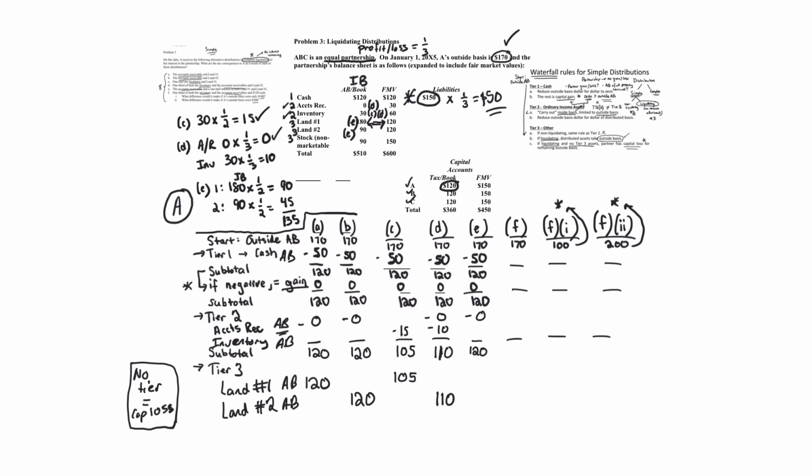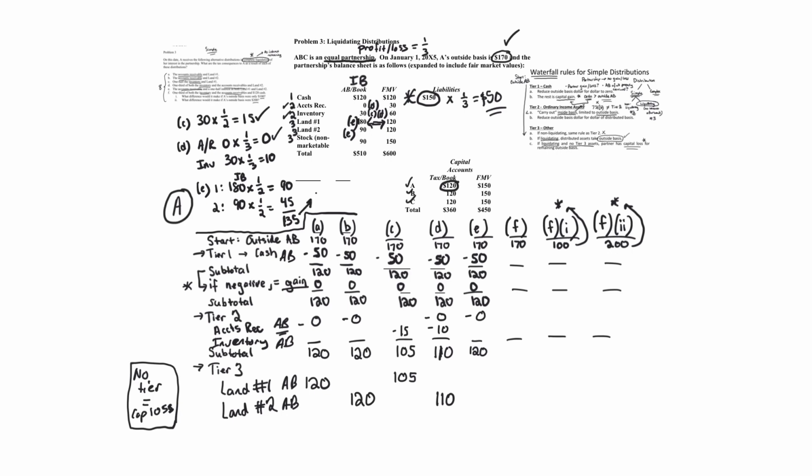So when we have any property that's gone down in value, which property land number 1 has, this is 180, so 180 to 120, it's gone down. What we do is we allocate the difference. So, sorry, let me rewrite that. It should be 135.